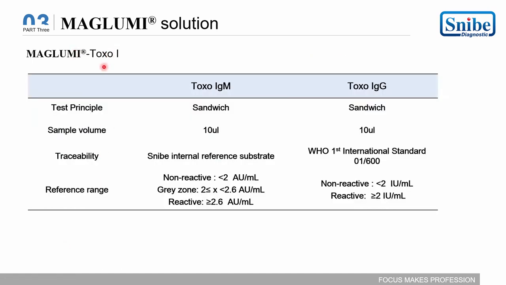So if we talk about the Maglumi Toxo, we have the Toxo IgG and IgM kit. If you have any question, you can ask. I'm going fast, you can ask me to slow down. If you are okay, then I can continue. Any questions?